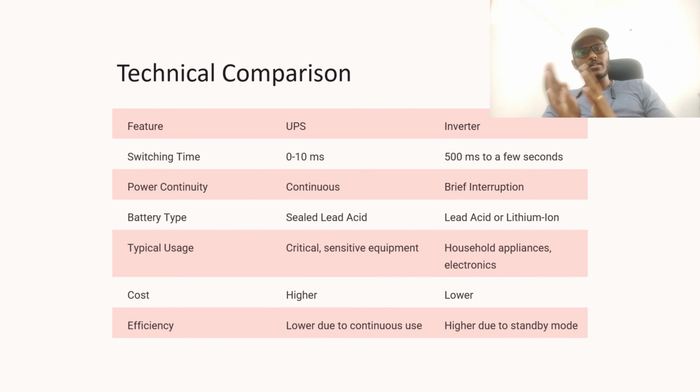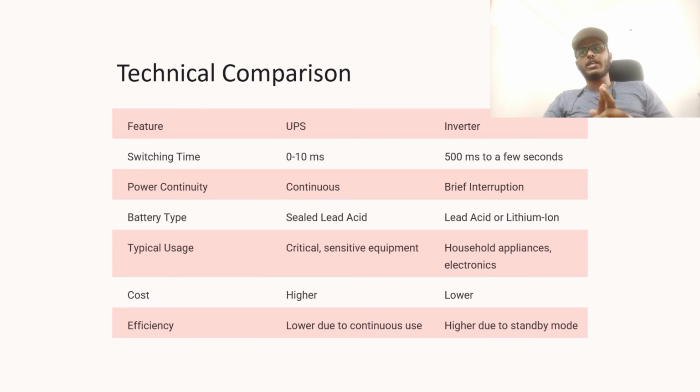You will get an inverter for around 5,000, 6,000 rupees as per my knowledge. So the major cost in an inverter system, when you implement an inverter in your home, is the battery's cost. Whereas the UPS itself is costly, and it even contains a battery inside. So a UPS is higher cost.